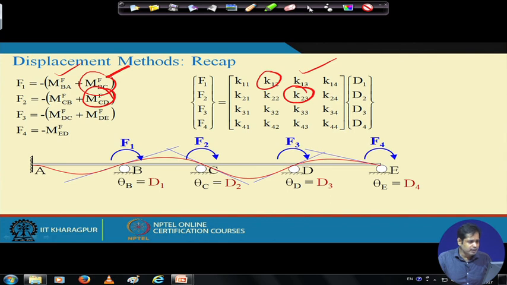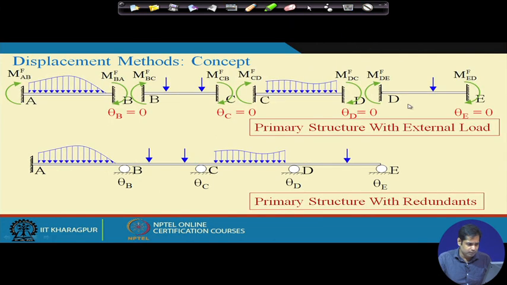Now, fixed end moments are essentially, if you see this, if this is our actual structure which is subjected to external load, then we can get the primary structure like this.